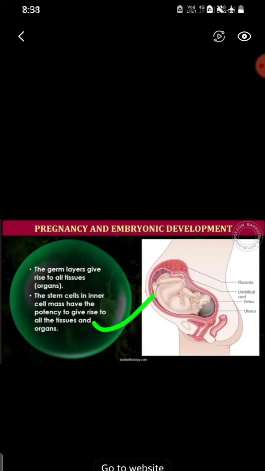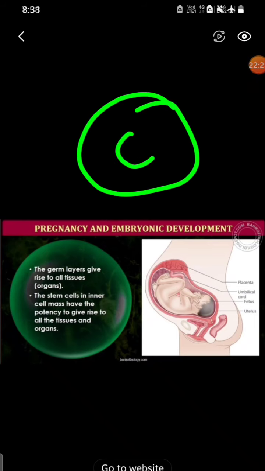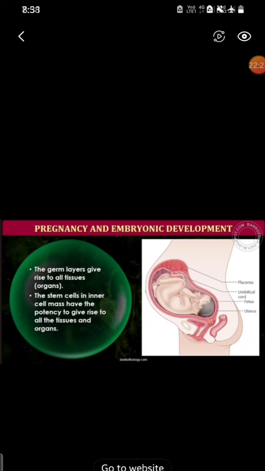The reason is that there will be stem cells inside the body of the fetus, in that cell mass formed in the fetus. Stem cells can differentiate to form any kind of tissue or any kind of organ. So that is the reason they have the potency to form any kind of organ or tissue.